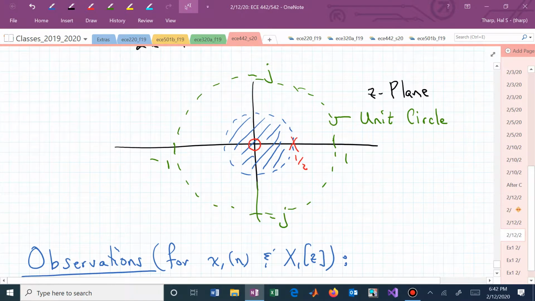Is the unit circle on top of the region of convergence? Is it contained within the region of convergence? No. And our time sequence was unbounded. That's a big connection to make. The unit circle is not contained in the region of convergence.